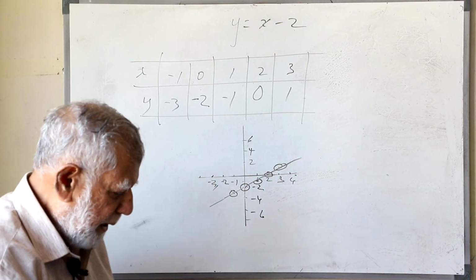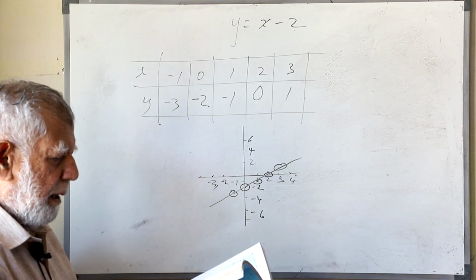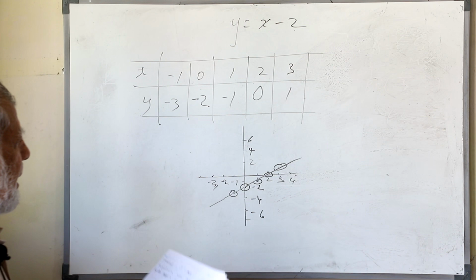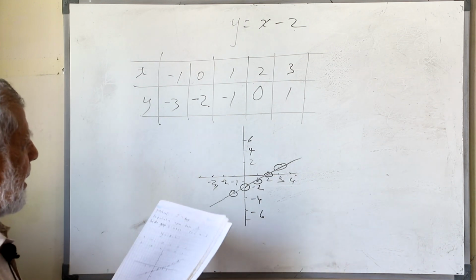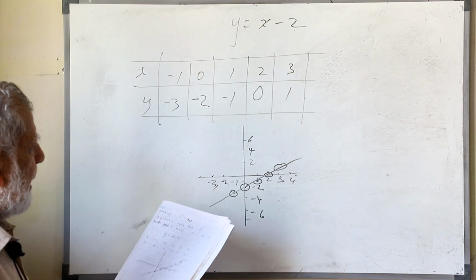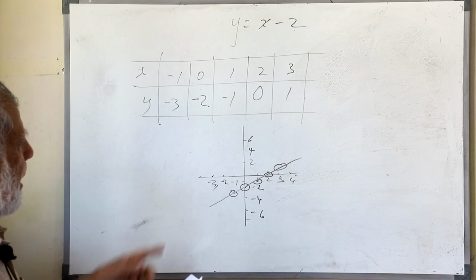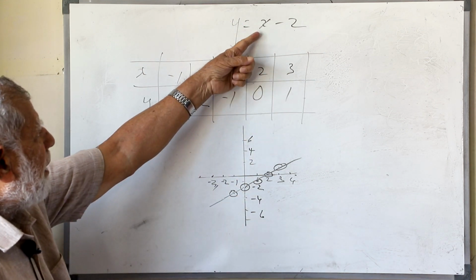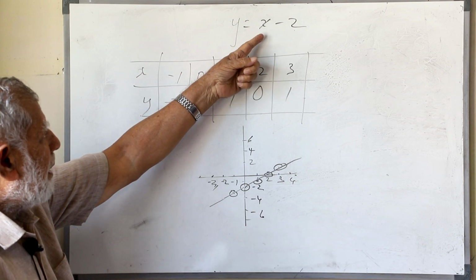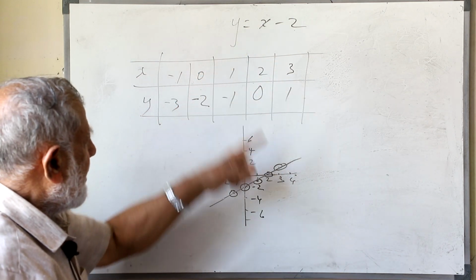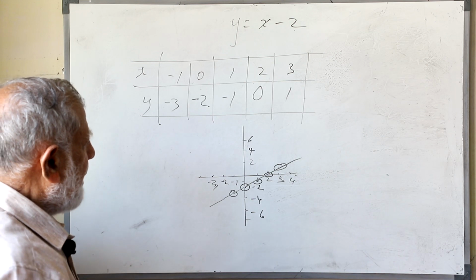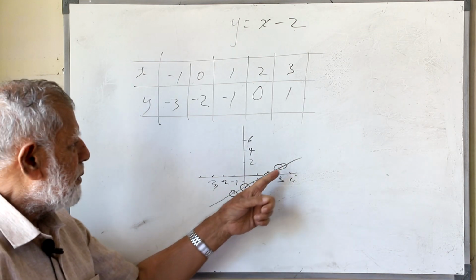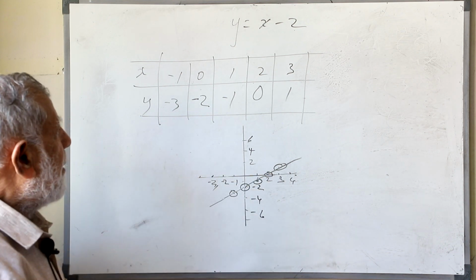If you look at the graph carefully, you will notice again you are getting a straight line. The gradient of the straight line is 1 here, the coefficient of x is 1. A gradient of 1 is of course 45 degrees with the horizontal, and we studied that before.